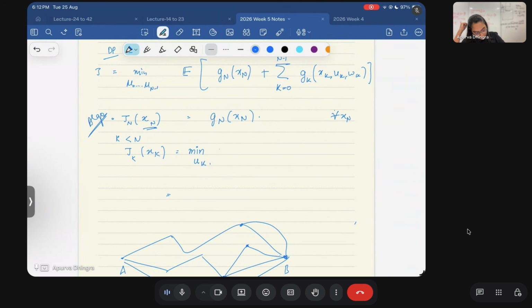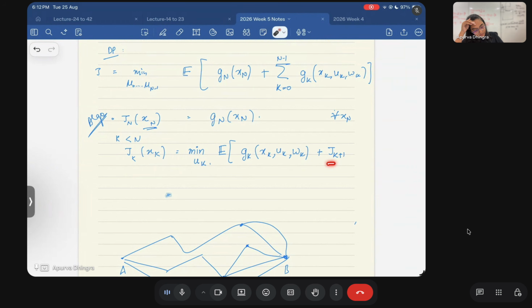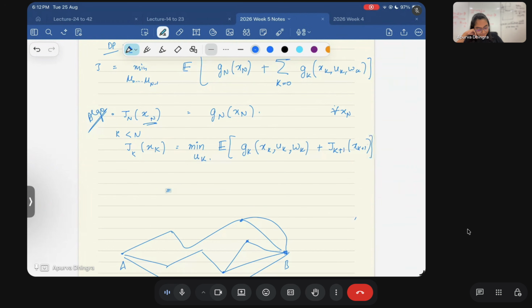This is the stage-wise cost at time step k, plus whatever optimal cost we had from the next time step, evaluated at x_{k+1}, the next state.